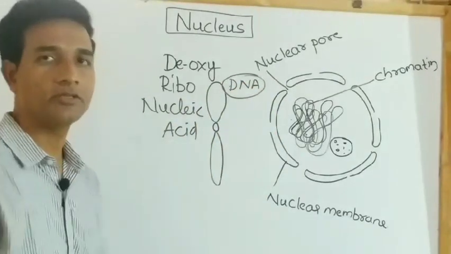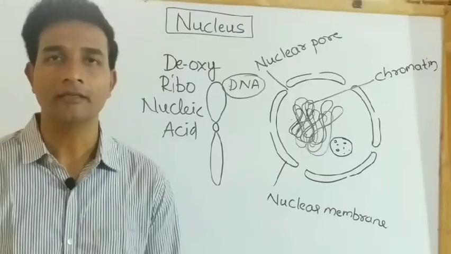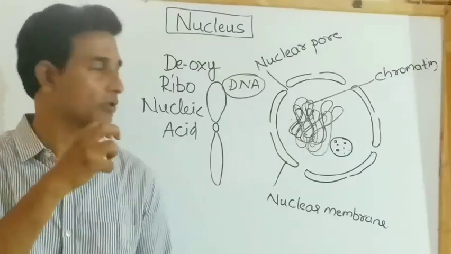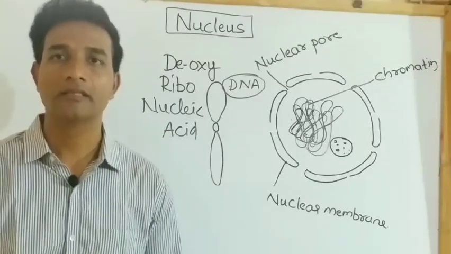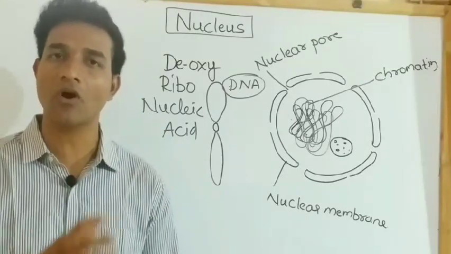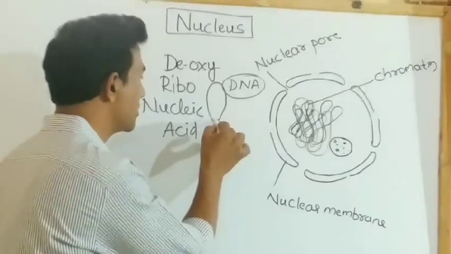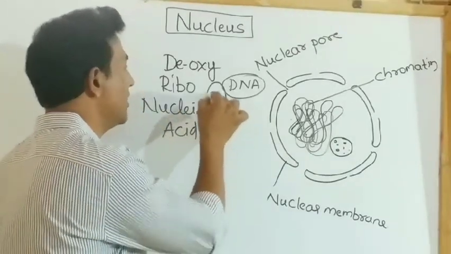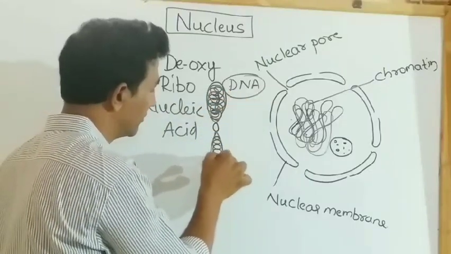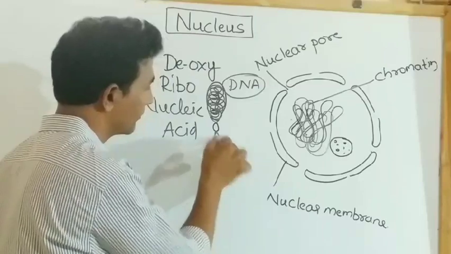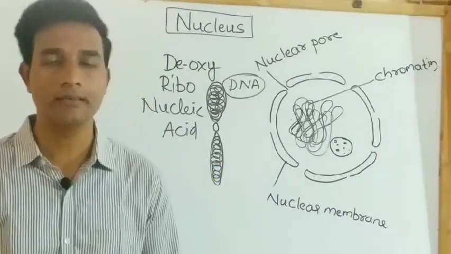So this DNA is nothing but the character storage in the form of a thread-like structure. And chromosomes are composed of DNA and protein. So you can see here inside there will be DNA coupled with protein. These rod-shaped structures are visible only during cell division.